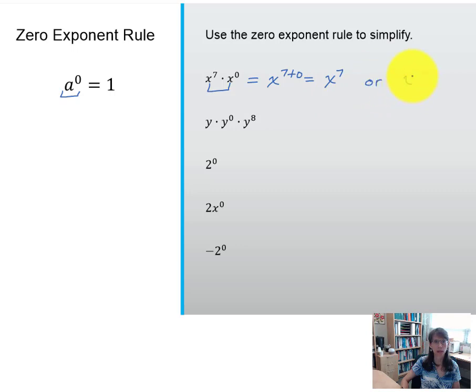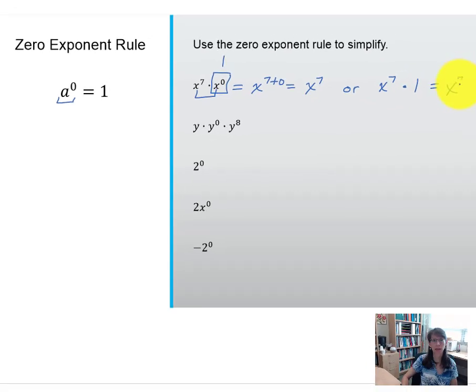Or we could see it as x to the 7th multiplied by x to the 0, we know is worth 1. So x to the 7th times 1 is still x to the 7th. So we actually have two options to work out this first problem.